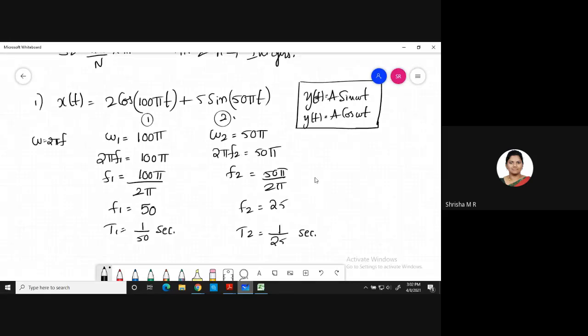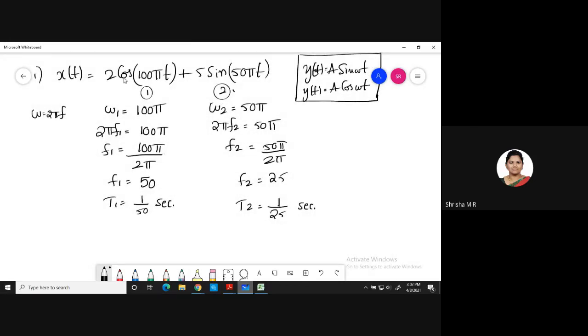So now we have T1 and T2. We have to find the fundamental period for this whole waveform, for this whole equation. We have found the fundamental period for 2 cos 100 pi t as well as 5 sin 50 pi t separately. If you want to find the fundamental period for this equation, you have to take the LCM of T1 and T2.